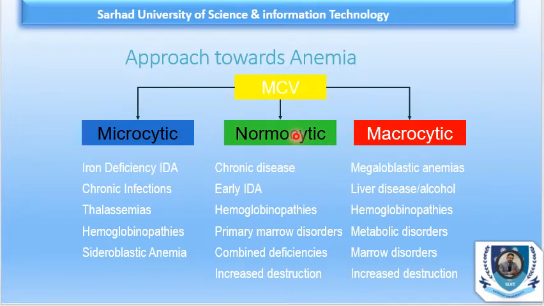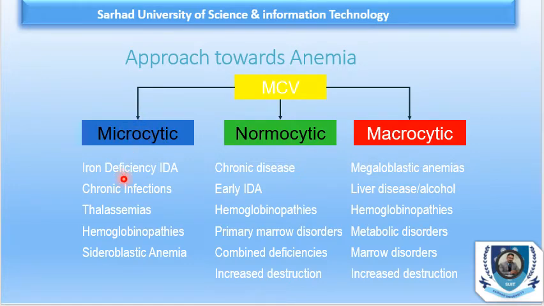Normal means a normocytic cell, and if there is low hemoglobin, then you call it normocytic anemia. And if MCV is higher than its normal limit, then you call it macrocytic anemia. And lower than the normal size is called microcytic.